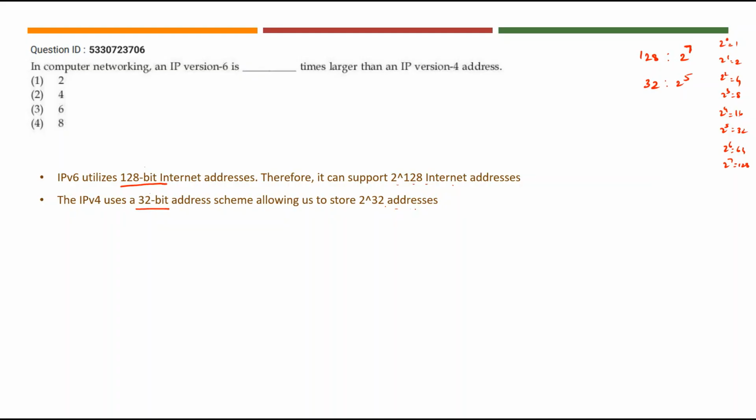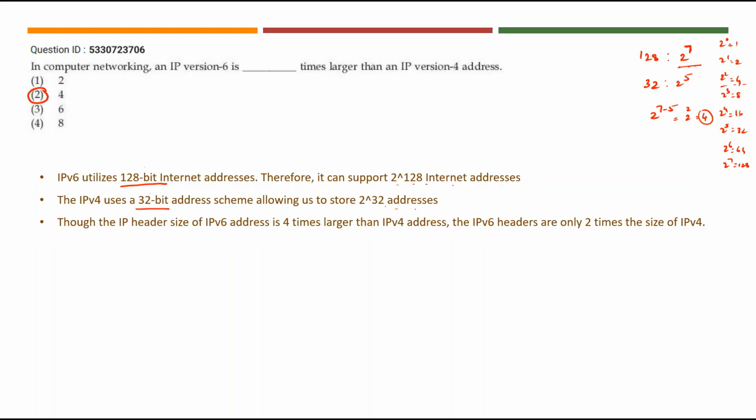When you find 2 power 7 minus 5, that is when you divide this, you will get 2 power 2 which is equal to 4. So how many times it is actually larger? It is 4 times larger. Option number 2 will be the right answer. Though the IP header size of IPv6 is 4 times larger than IPv4 address, the IPv6 headers are only 2 times the size of IPv4.